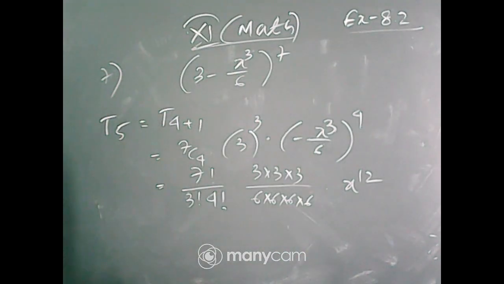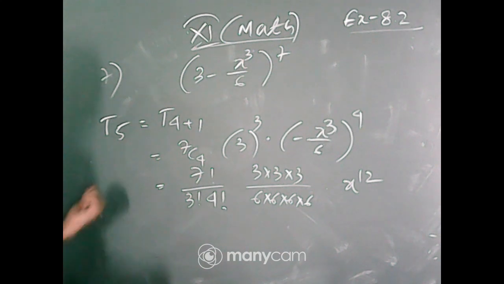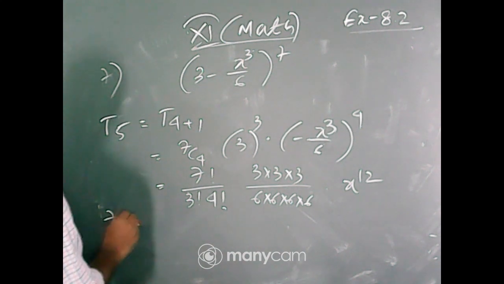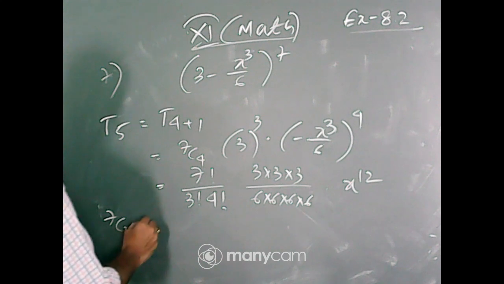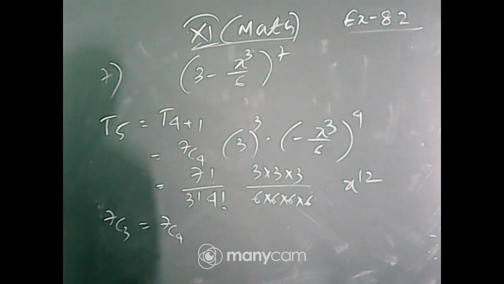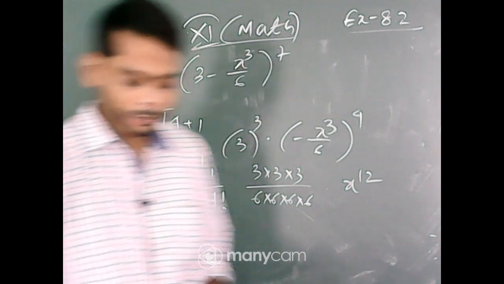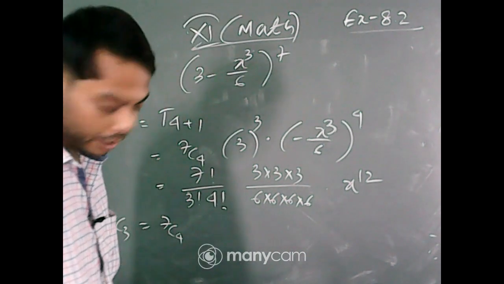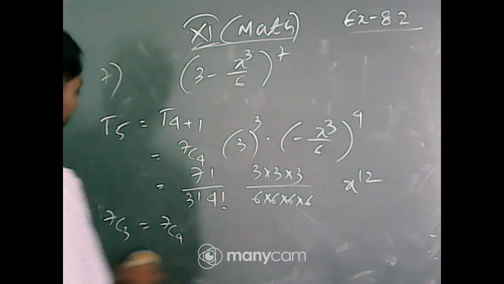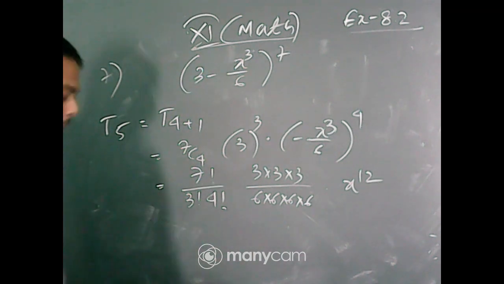Okay. Now a little bit earlier we found 7C3, this is 7C4. Now 7C3 and 7C4 will give the same value because nCr equals nC(n minus r). You know that. So it will give you 35 again.